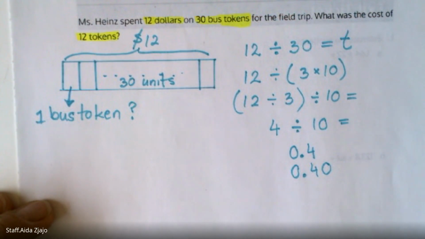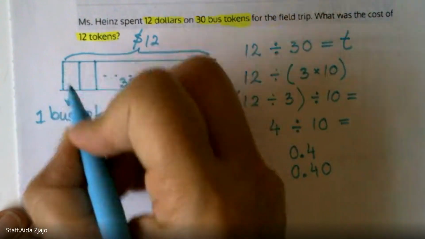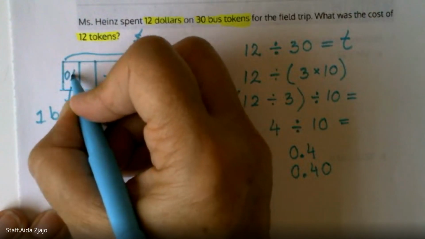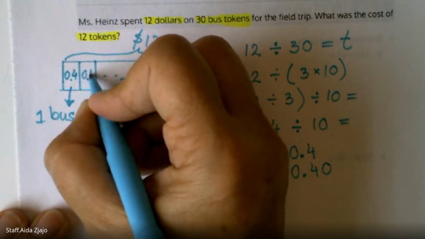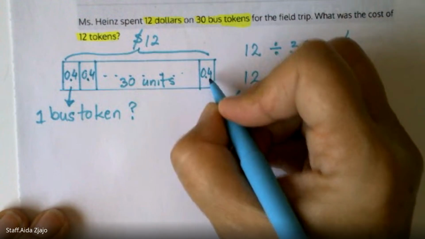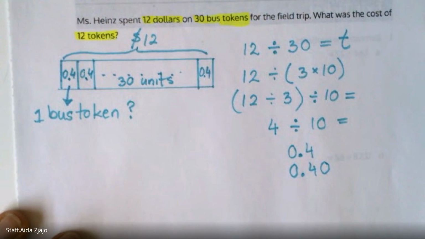All right, that's how we find what 1 unit is. So now we know that is 0.4, and it's going to be all the way to the end, 30 units. Each unit will be 0 and 4 tenths.